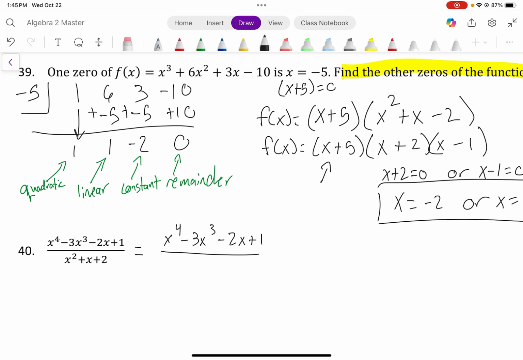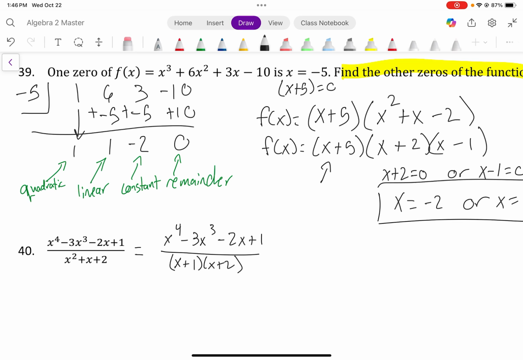Meaning, can I figure out a way to factor x squared plus x plus 2? Because if I could, pretend with me for a second, because this is not going to work. If I could do this, I could take the top thing, divide by x plus 1, get something that's a little bit nicer, and then move on.